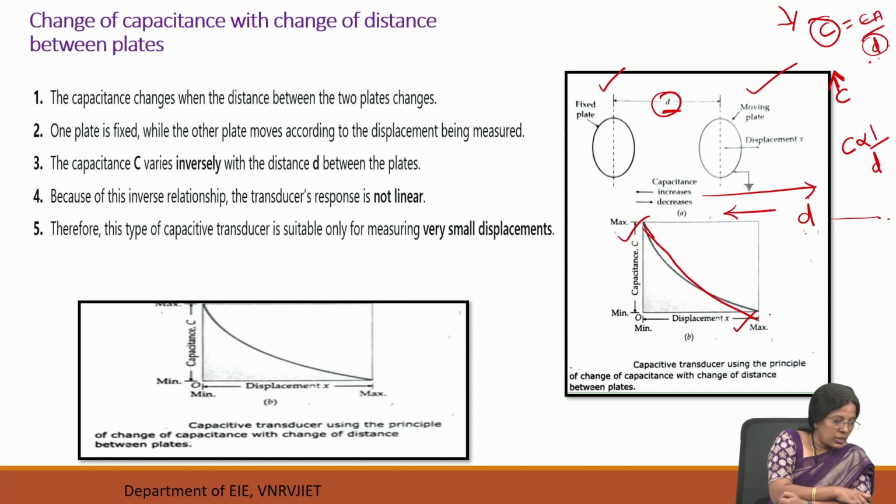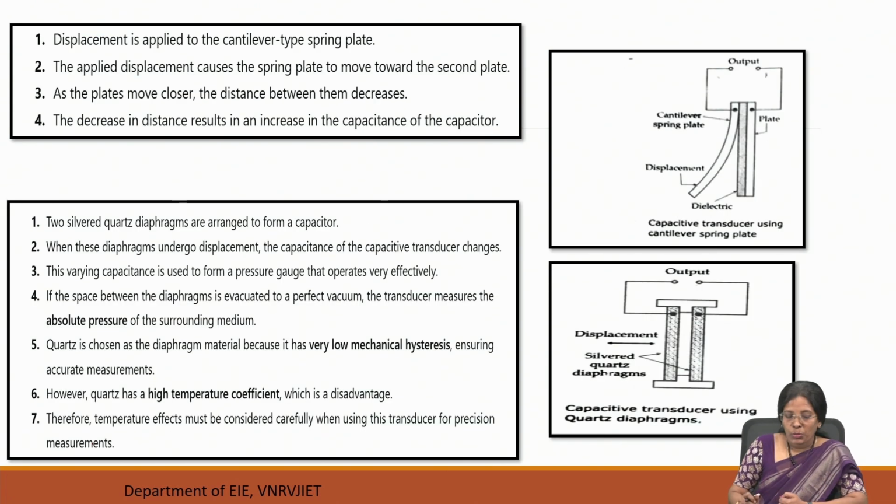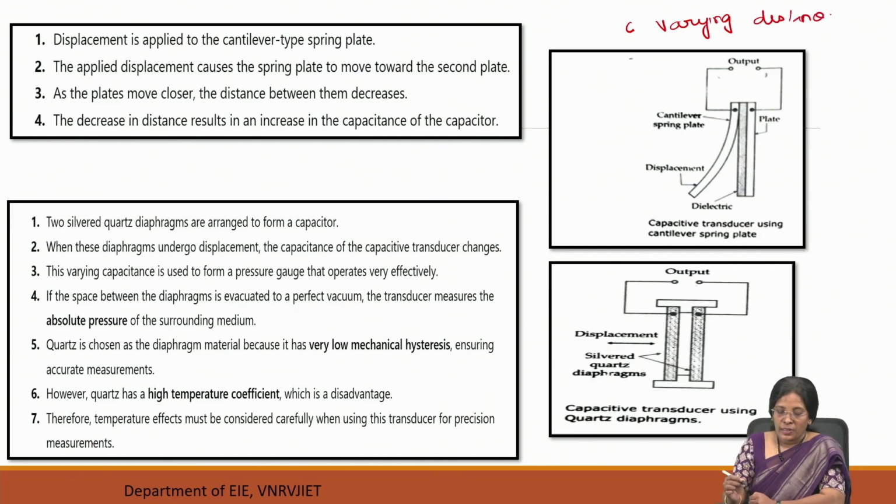Now let's see one more example, how the capacitance C is varying with distance between the plates. In this condition, we are taking a capacitive transducer using a cantilever spring plate, and in between, a dielectric medium is used.